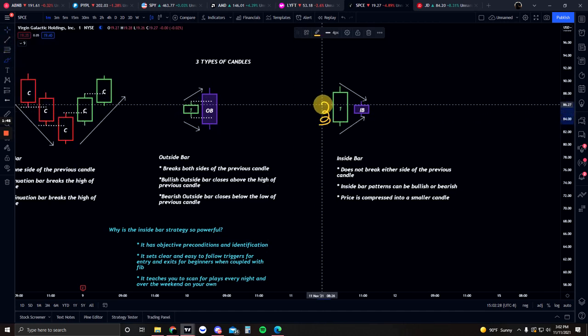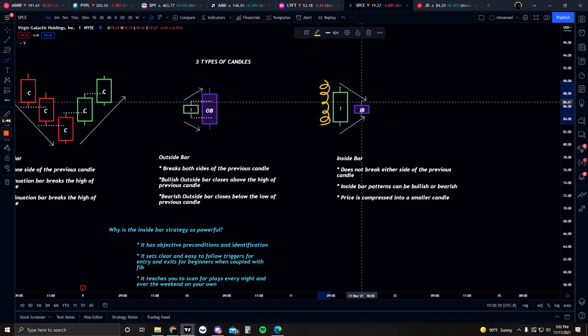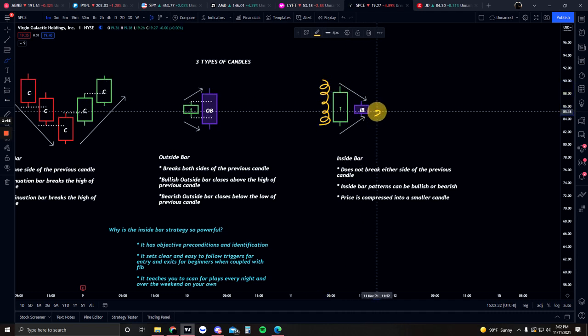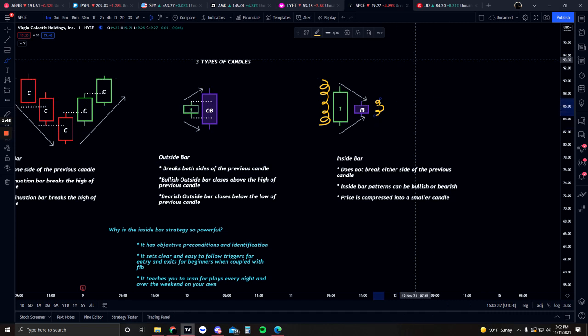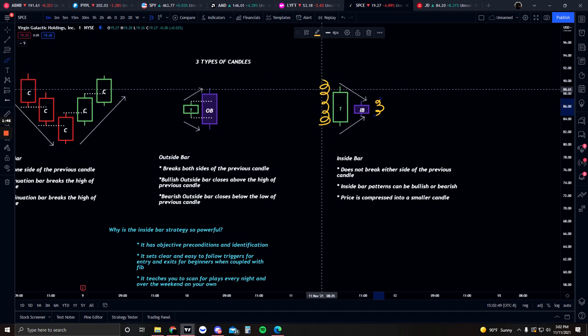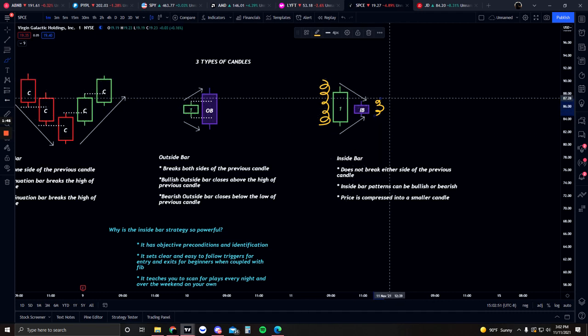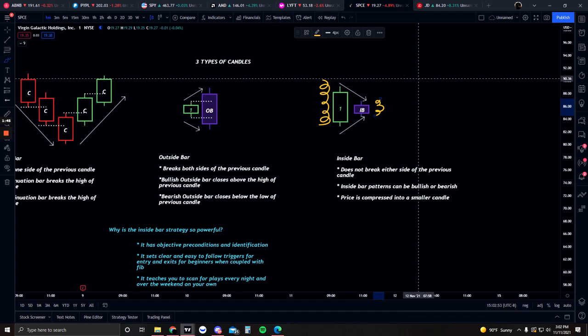If a coil is pretty big and then you compress it the day after, typically it's going to have a better reaction to whichever side you let go of. If your thumb and index finger are here, whichever side you let go, it's going to spring that way, which is usually what we're trying to play, that trigger breakout. So the bigger the candle before, the better the compression, usually the better the reaction.